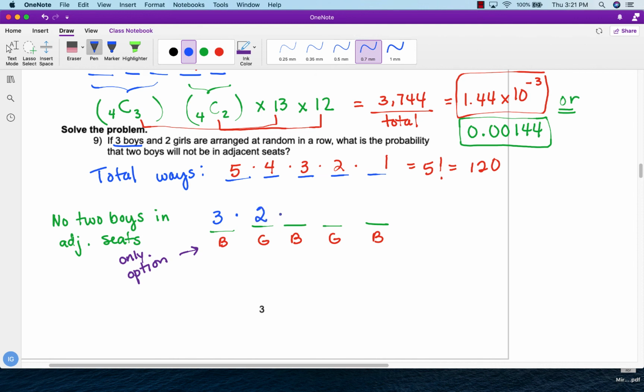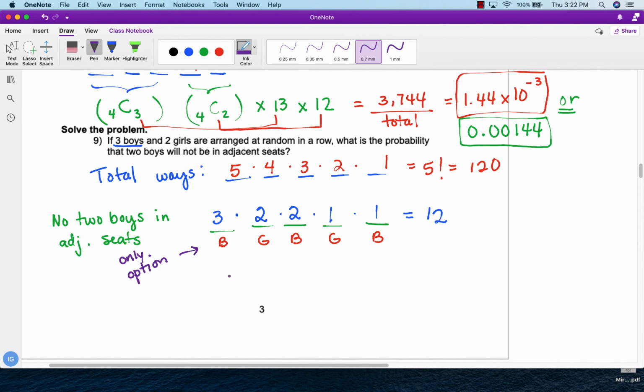There's only 2 girls. And then here, if you sit one boy here, you only have 2 options here. And if you sit one girl here, there's only 1 option here. And for the last boy, you only have 1 option. Alrighty, what is that? So we have 3 times 2 times 2 times 1 times 1, which is basically 12.